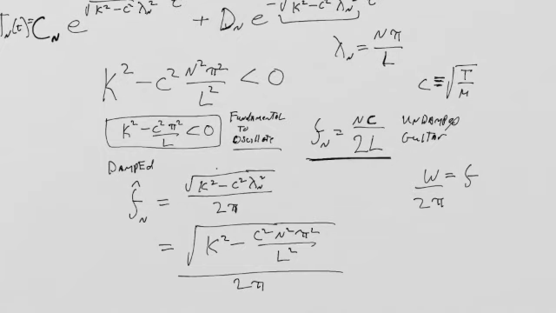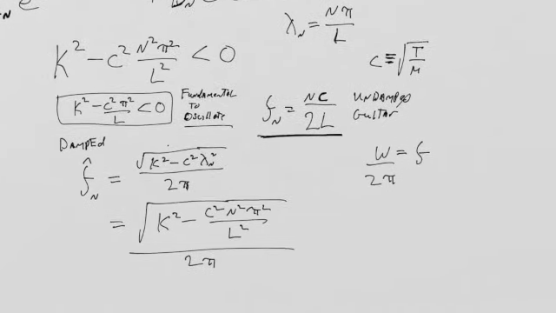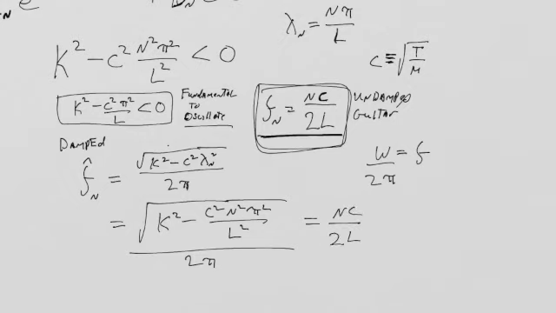And then you start pulling stuff out. What we want ultimately is to know how the frequencies are different than in the undamped case. Well, in the undamped case, the frequency was nc over 2L. So let's pull out an nc over 2L.